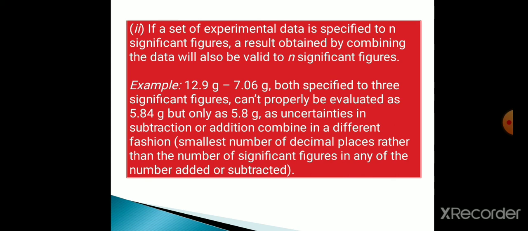According to the rule, there must be 3 significant figures in the final result also. But the final result is not written as 5.84 gram, but as only 5.8 gram, because the rules of addition and subtraction follow like this. We must retain only 1 decimal place in the final answer.